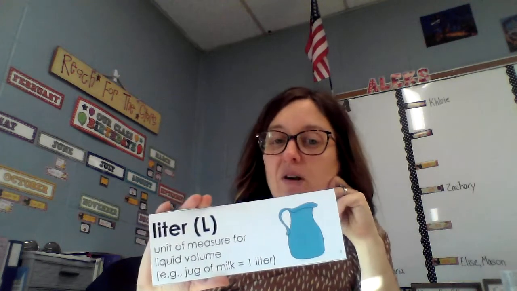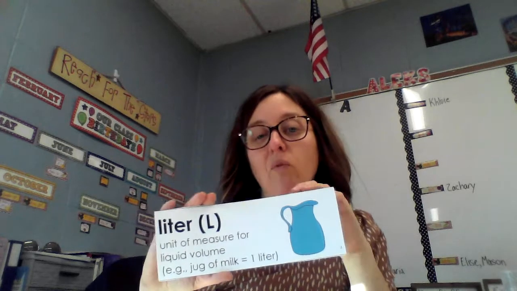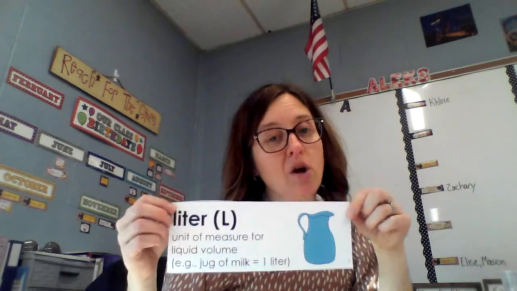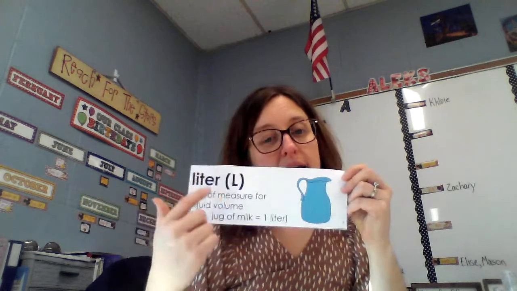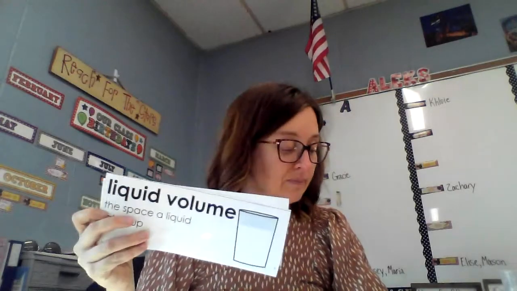So like a jug of milk would be about a liter of liquid. Liquid volume is how much space a liquid takes up. So how much space all the water inside my cup takes up.